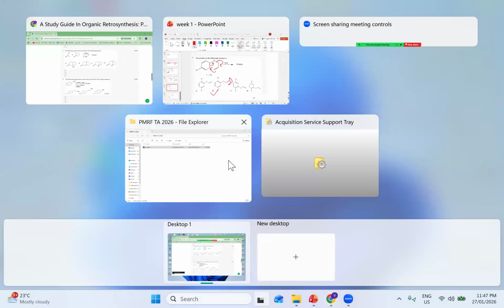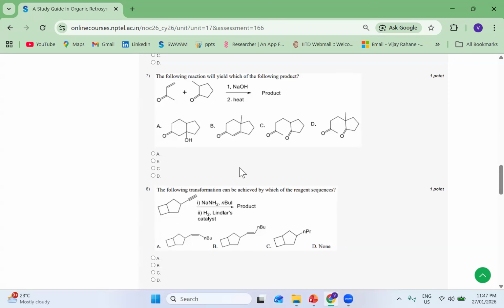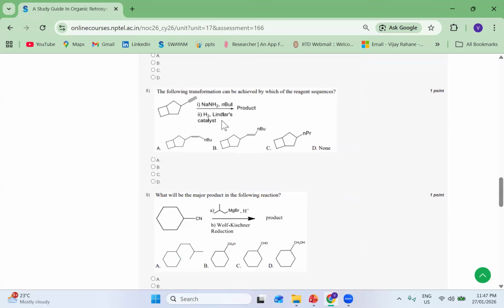In the eighth question, there is NaNH2 and butyl lithium, followed by H2 and Lindlar's catalyst. Basically, in the first step the strong base abstracts the proton, followed by the butyl iodide.